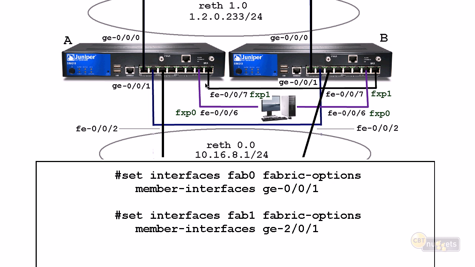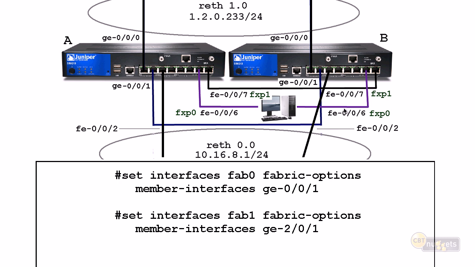The chassis configuration is already assuming that we're using fe-0/0/7, and it will automatically send control information over those interfaces. Now, if you're using some higher end platforms like the SRX 5600, for example, then you would have to go ahead and configure additional control links or multiple control links.